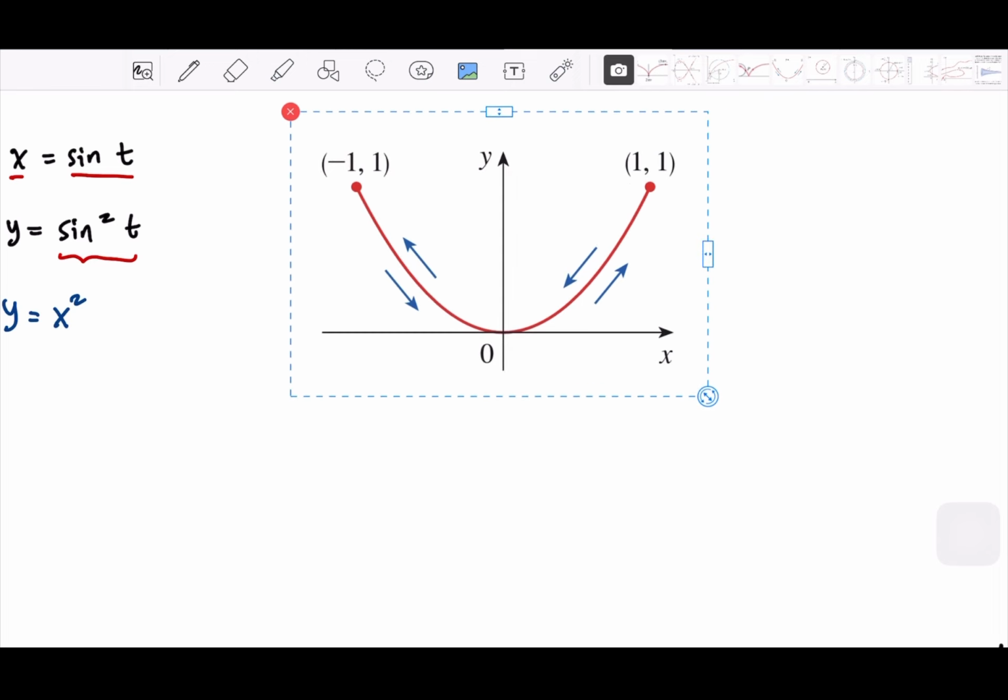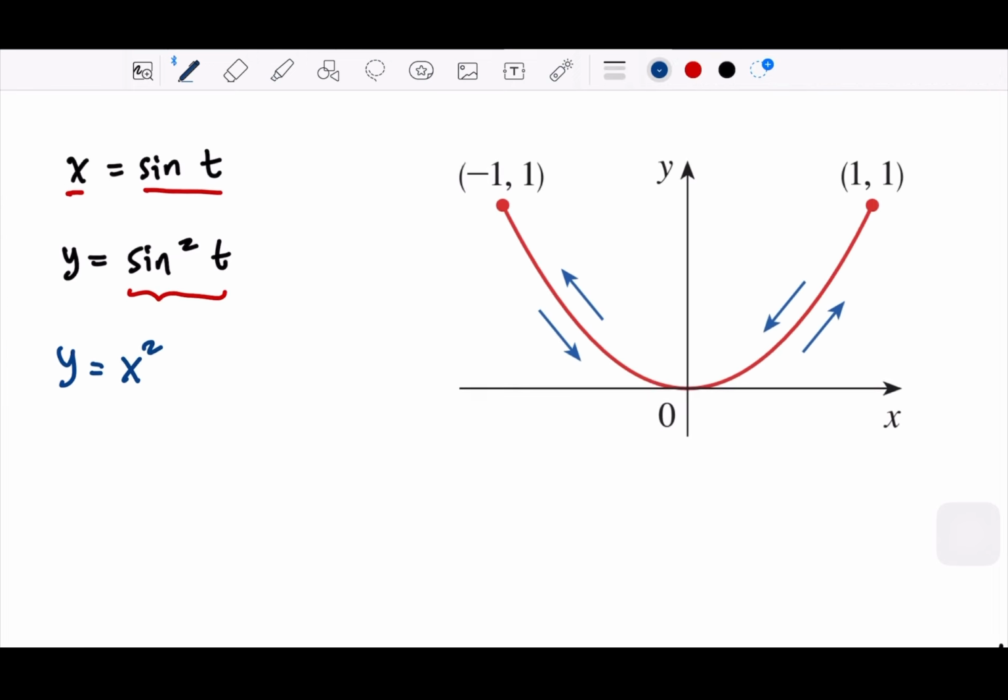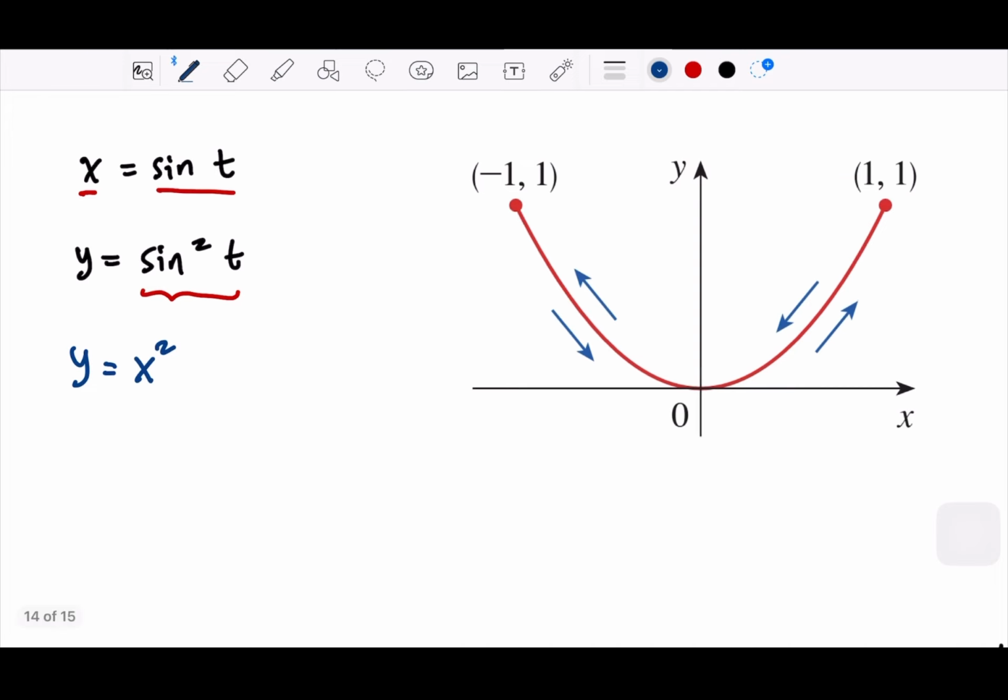So this will be the curve, from t equals -1 to t equals 1, and we're also going to see this oscillating from here and going back and forward.